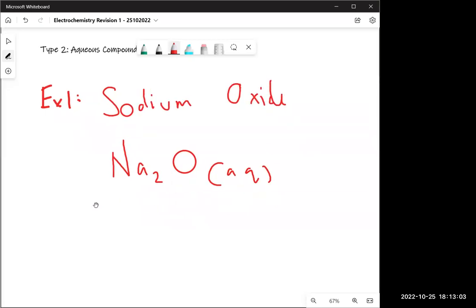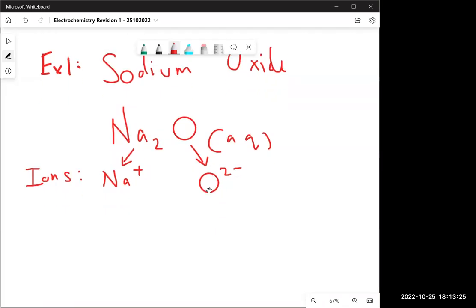Okay. Now, someone tell me the ions. Najla, the ions from this. If I break this down, what ions will I get? Na and O. Na is plus, O is always 2 minus. Right? Now products.